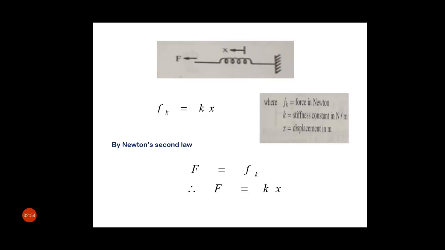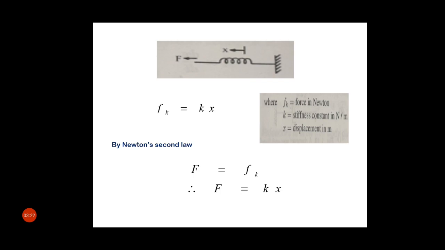When a force capital F is applied to the spring, a restoring force, small f suffix k, is produced, and this force depends on the stiffness constant k of the spring and the displacement x.